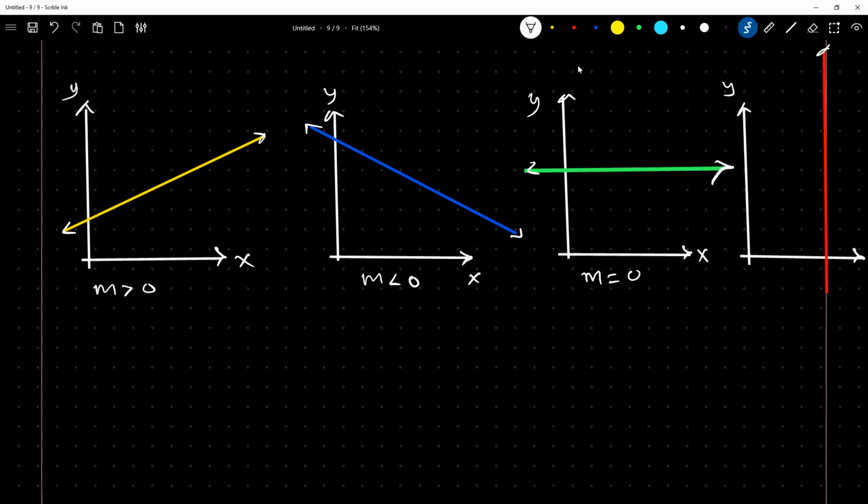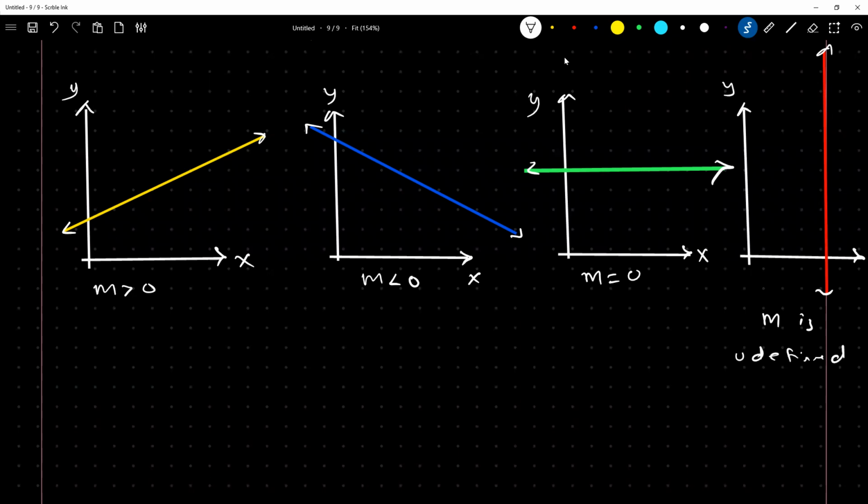So what's the definition of the gradient? It's the change in y over the change in x. So it means that every x value is the same, so I'll always have 0 in the denominator. And so we say this slope is undefined. And some people write it like it's equal to infinity, but that's impossible. So we'll say m is undefined.